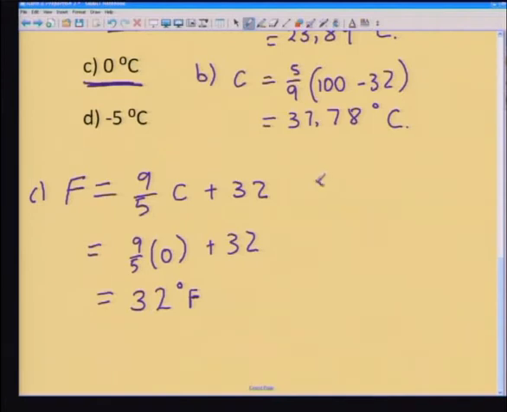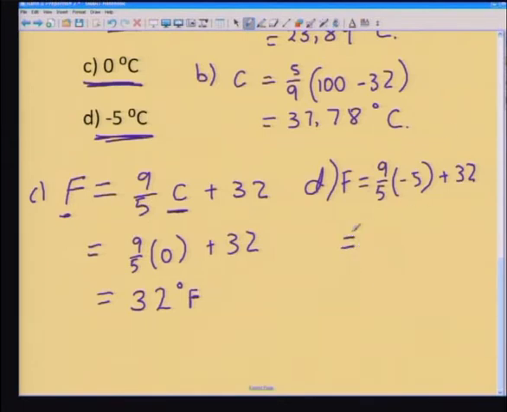Okay, and then the last one here where we're using our formula to convert, we've got to change -5 degrees Celsius, so a really cold temperature. We want to see what that is going to be in Fahrenheit. So again, exactly the same thing. We're going to use this formula that converts from Celsius to Fahrenheit. It's 9/5 times -5 plus 32.